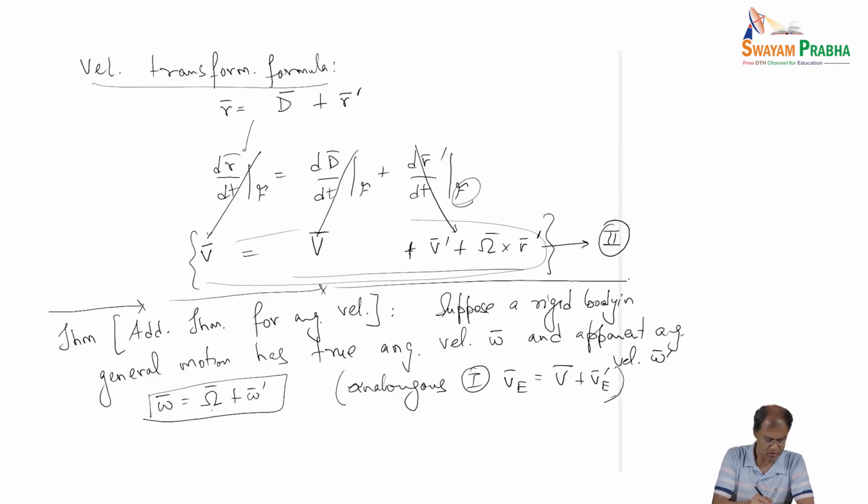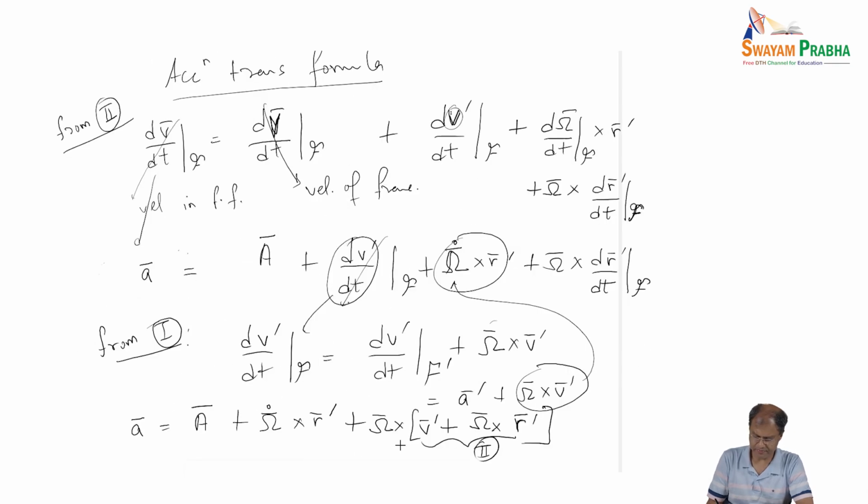Okay, so then what we have is plus a prime here, and then plus omega cross v prime.